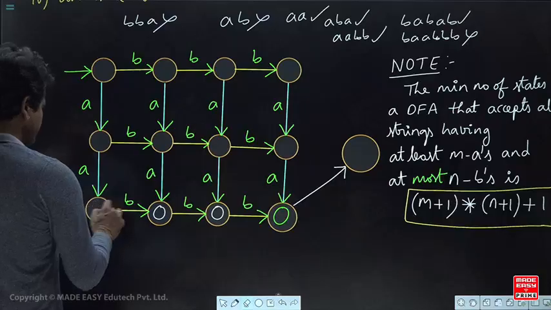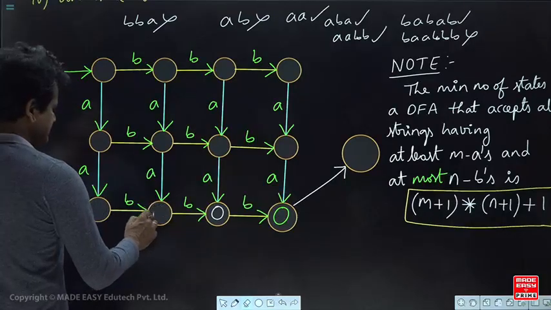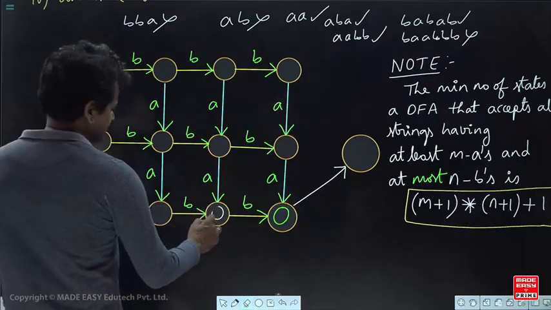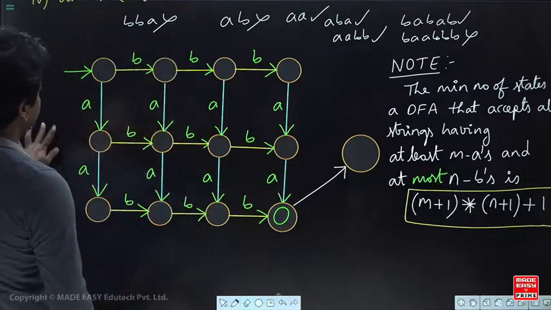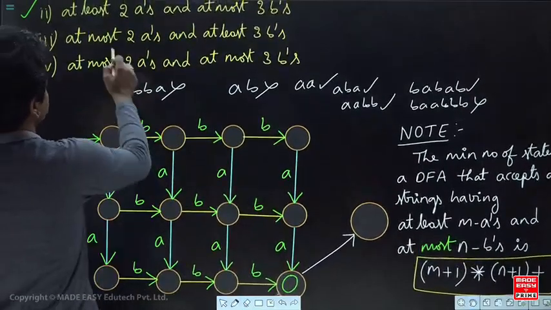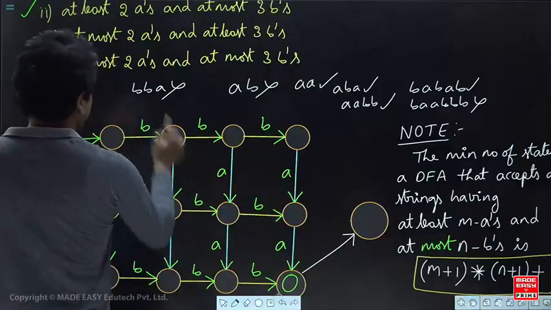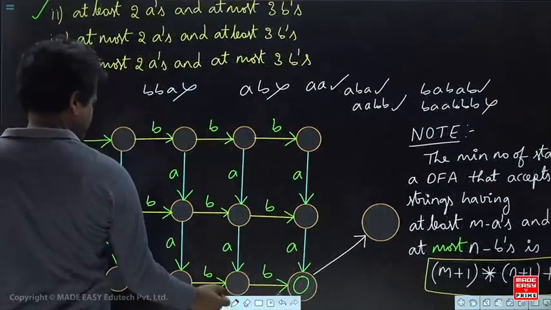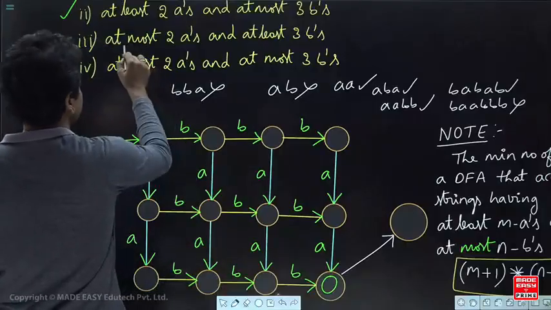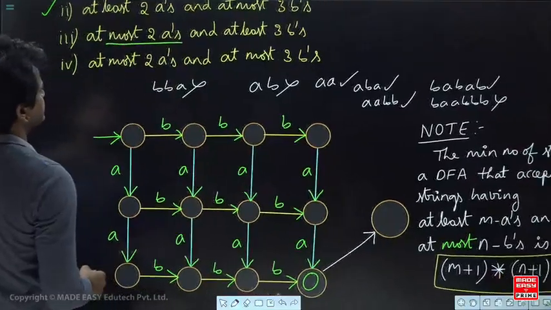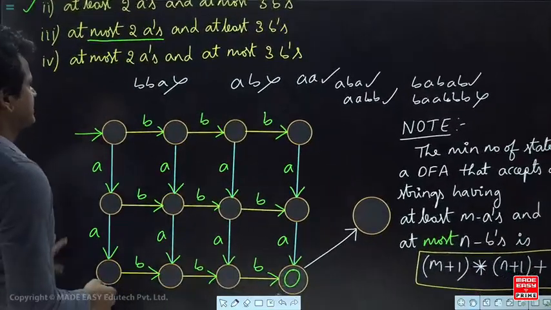Now, the minimum number of A's can be 0 and maximum 2. At most 2 A's, minimum 3 B's.